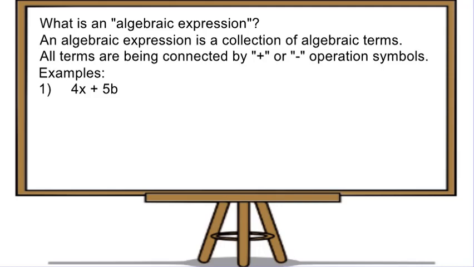There are two terms added together. Second one, 4x minus 5b. There are two terms, one is subtracted from the first one, or we may say they are added, but the second one has a negative sign.